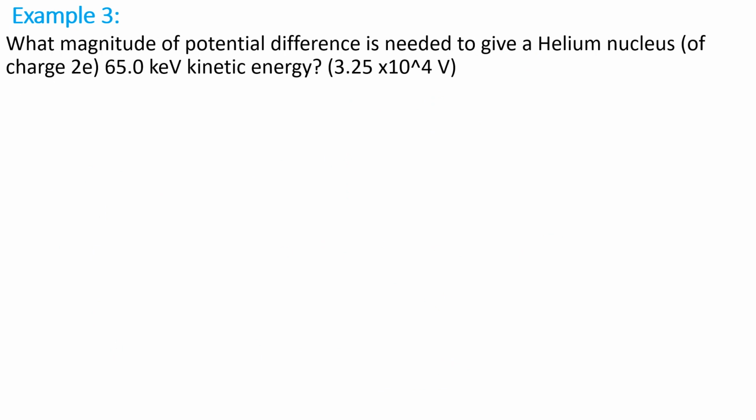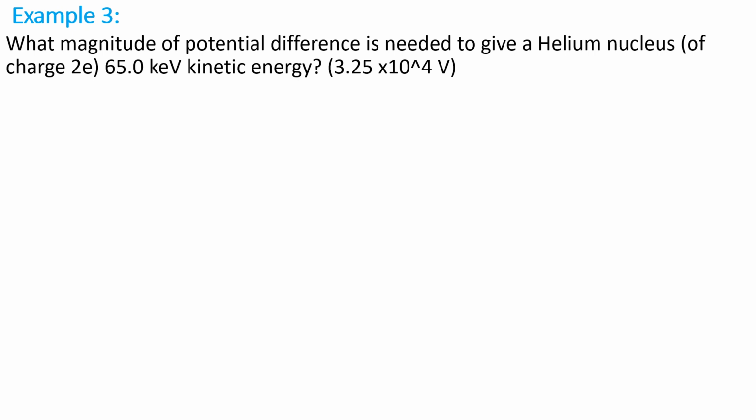The next question says, what magnitude of potential difference is needed to give a helium nucleus, of charge 2e, 65.0 kilo electron volts of kinetic energy? This is good because we know that an electric field is an accelerating field.